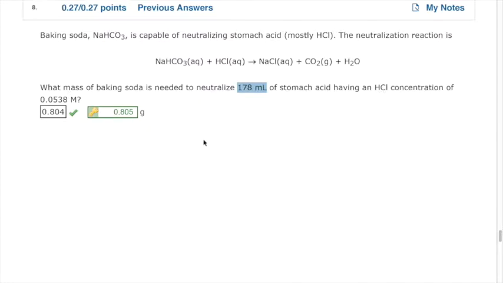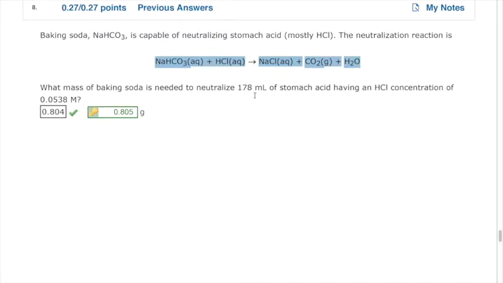Okay, so this looks simple, but we do have to recognize that we have been given a balanced equation for this specific chemical process involving hydrochloric acid.